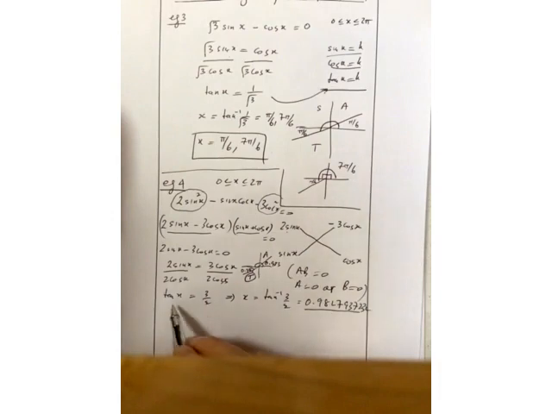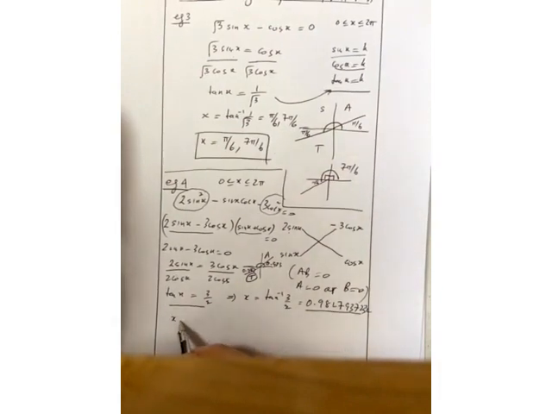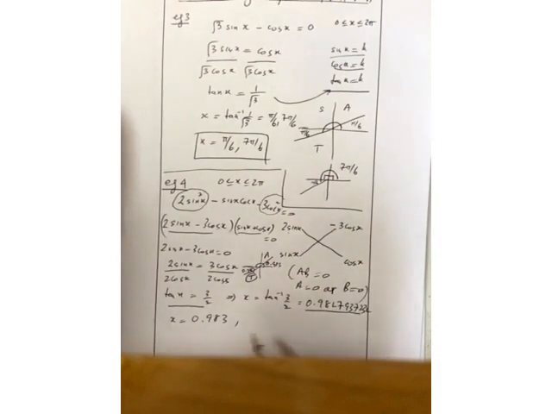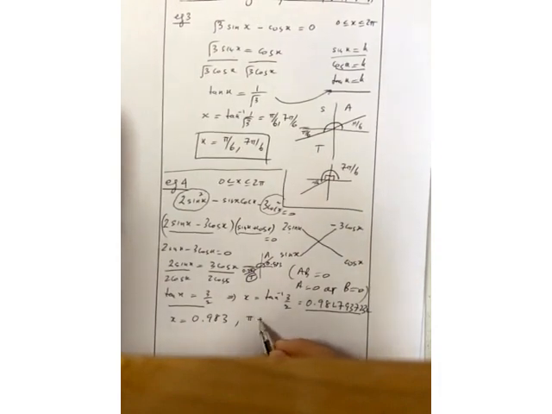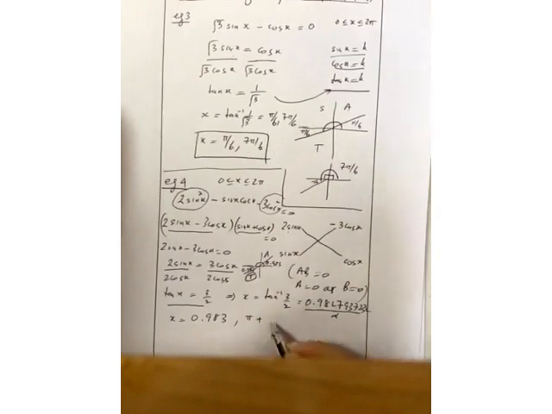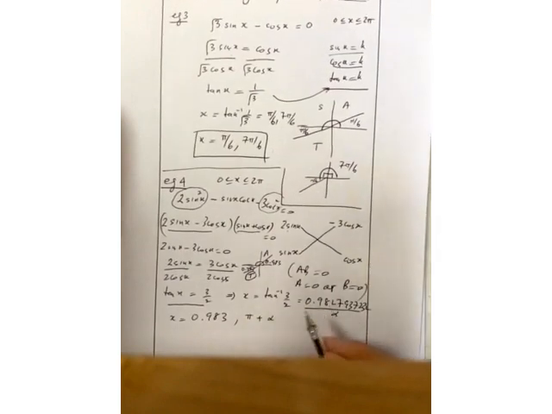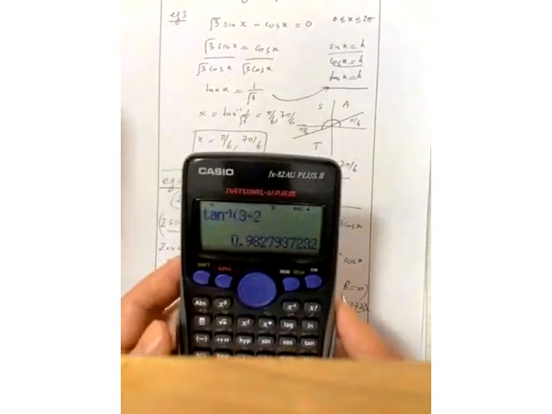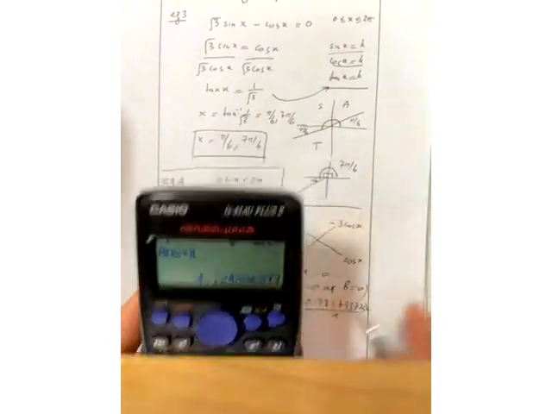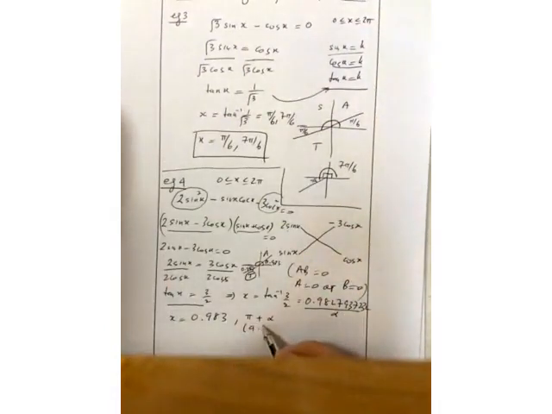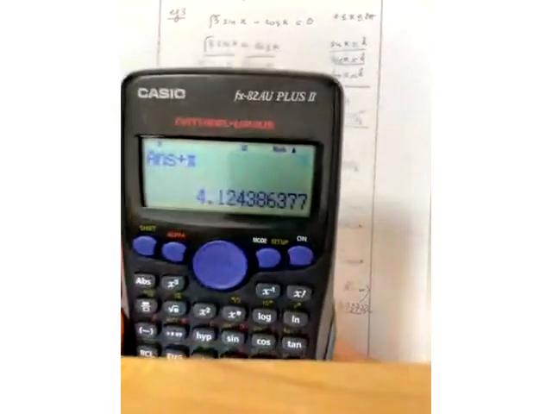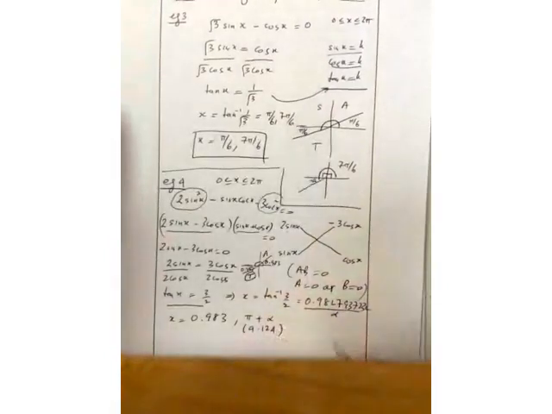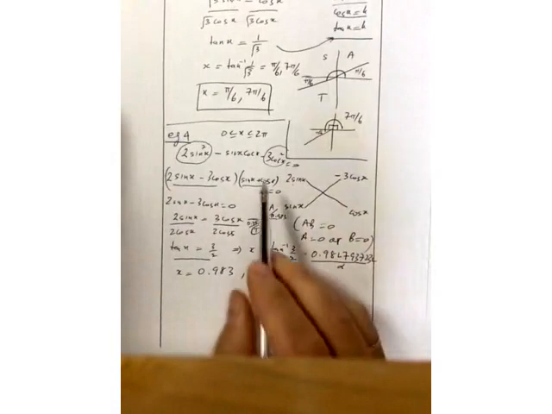So there are two answers for this part, namely x equals 0.983 to 3 decimal places, and the other answer is pi plus, let me call that alpha, pi plus alpha. And that's roughly, using the calculator, I'll do that for you. So you go plus pi, and that would be 4.124 to 3 decimal places as well.